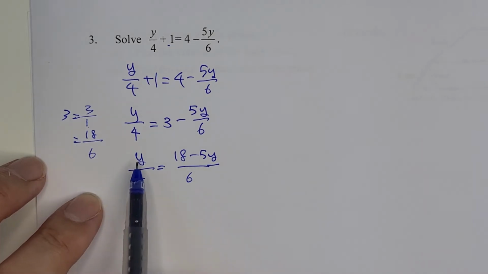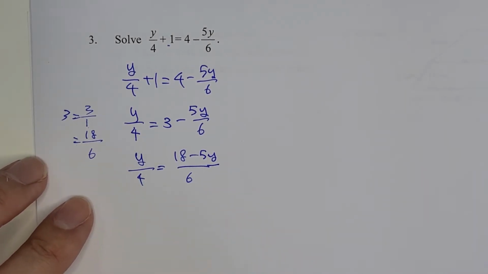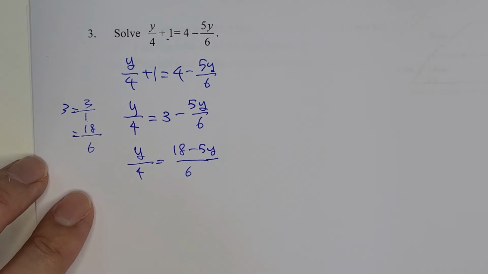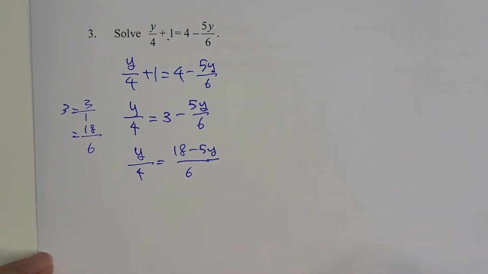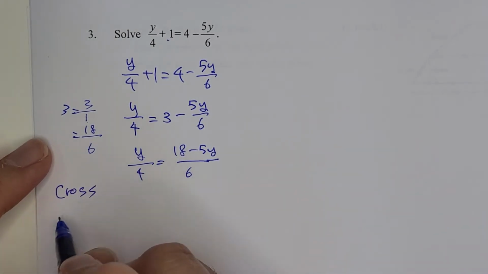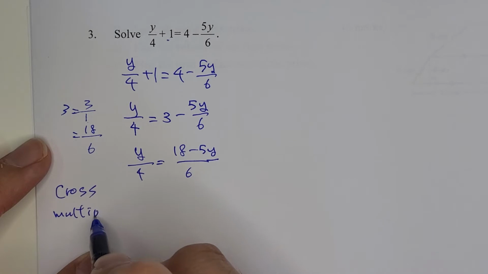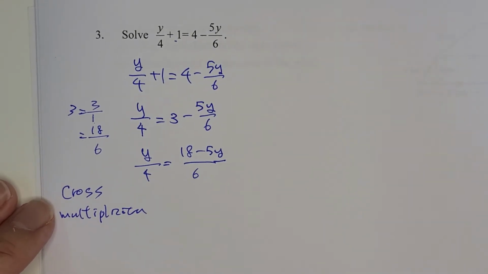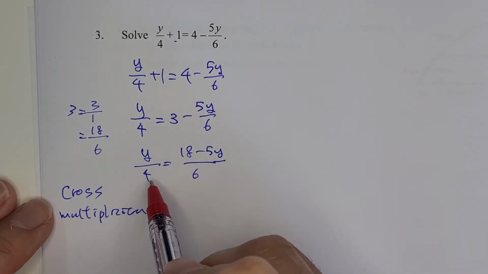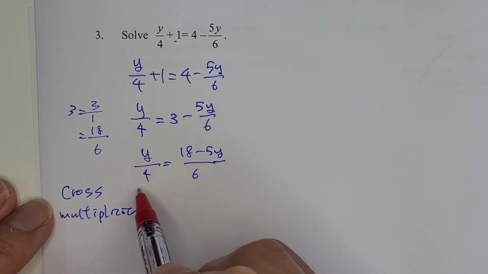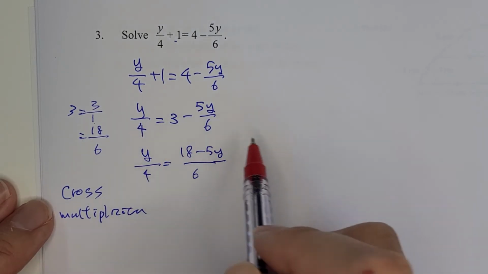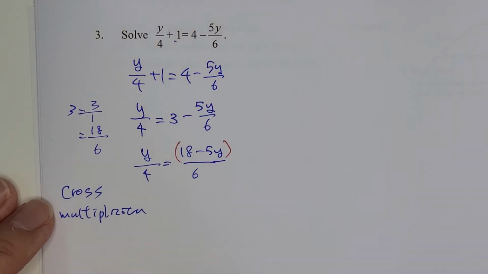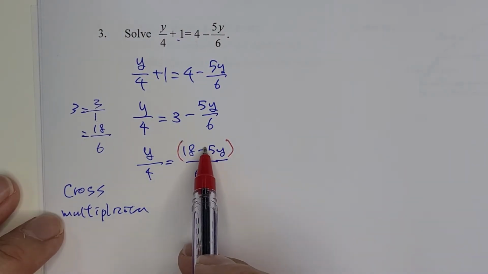And the left hand side I also keep as y over 4. And the next step I would do is a skill called cross multiplication. In Chinese it means 交叉相乘. What is this skill about? When there is only one fraction on the left and one fraction on the right, then you can give a bracket to the numerator.